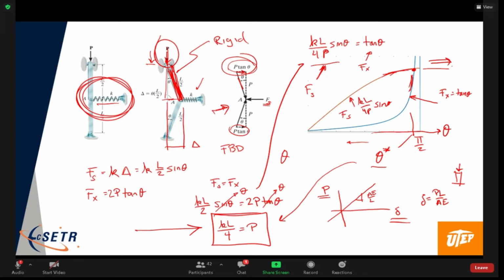That's what happens. So we have this one equilibrium position here. On this side, we have stable deformation, and on this side, we have unstable. So what that means is this solution, when P equals KL on 4, is what we call a critical force.